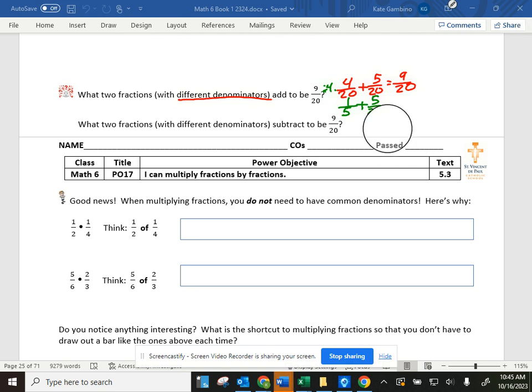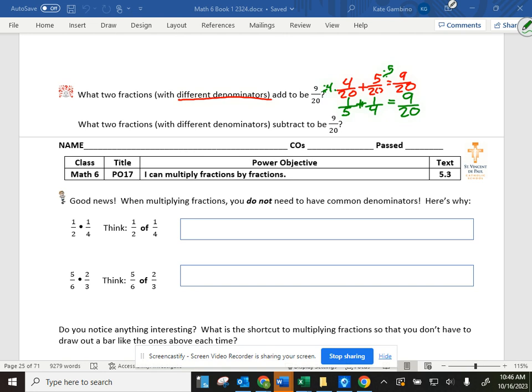Or I could divide a 5 out and say 1/4. 1/5 plus 1/4 equals 9/20ths. Because when I give them the 20 as a common denominator, I know 4/20ths plus 5/20ths equals 9/20ths. So I started with the common denominator, and then I simplified to get the different denominators. Does that make sense?